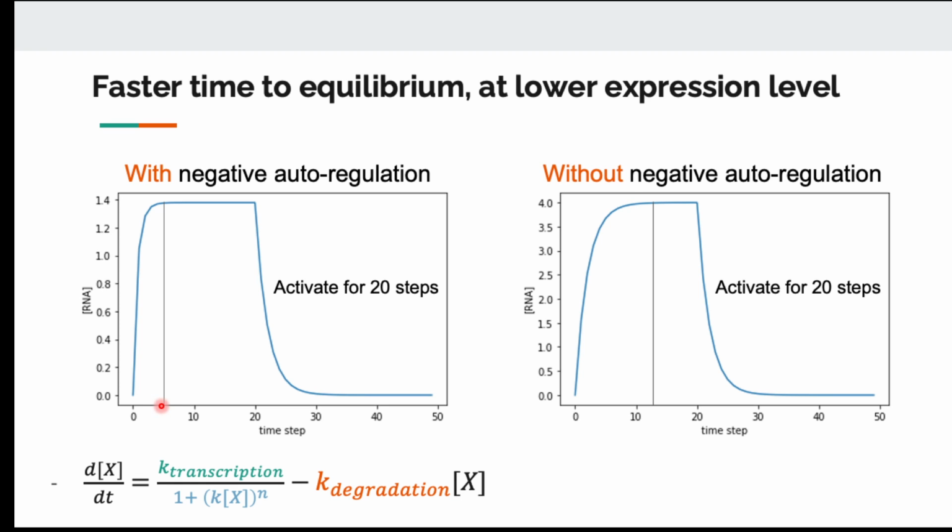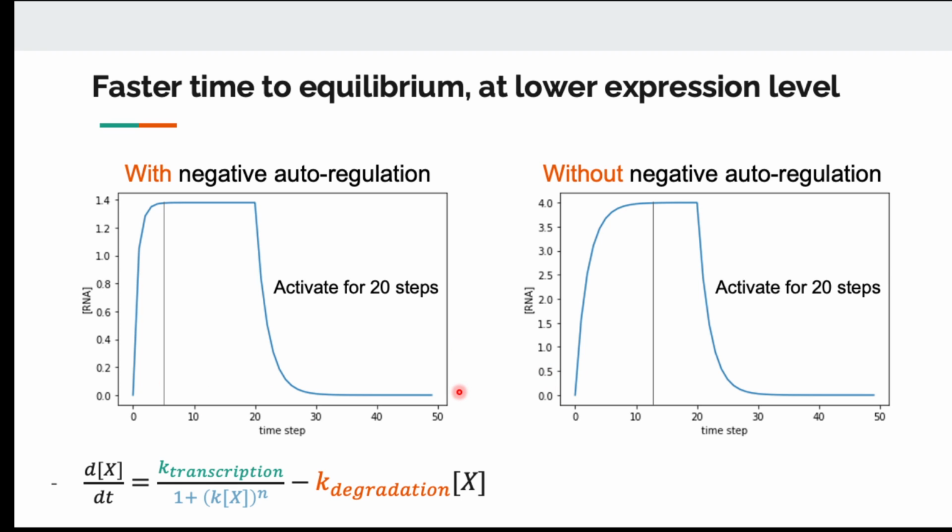Versus with negative autoregulation, even though you are reaching a lower equilibrium, with fewer molecules, you are reaching it in less than 5 time units. So with negative autoregulation, the cells can adapt to change and move to a new stable state in half the amount of time, in this system at least.